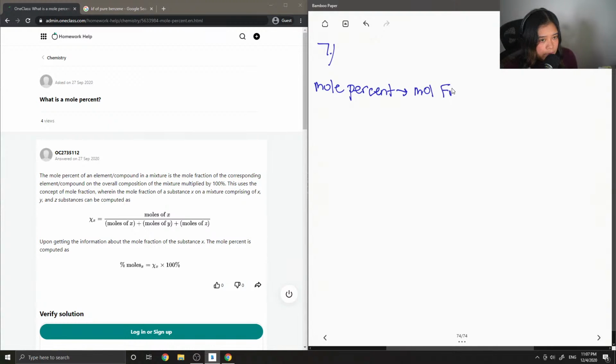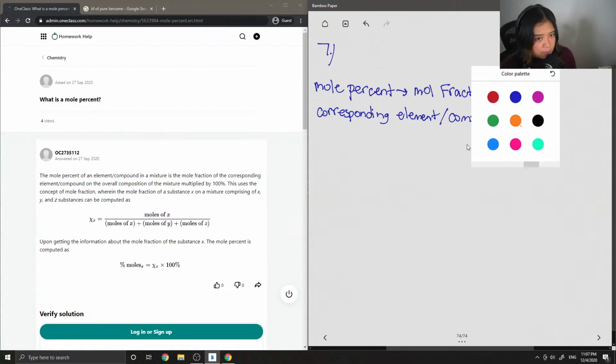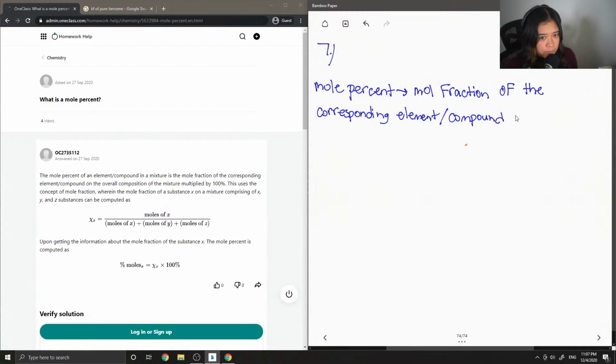This is the mole fraction of the corresponding element or compound in the overall composition of the mixture.